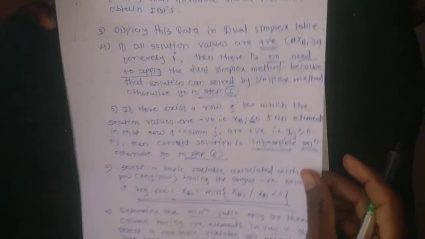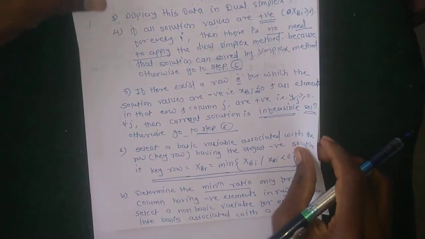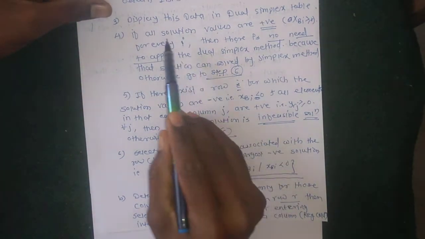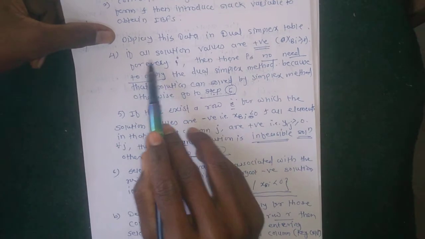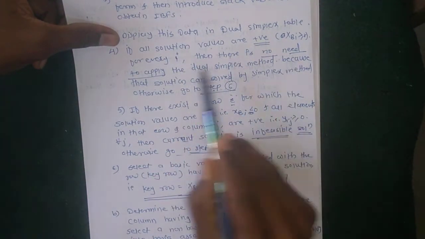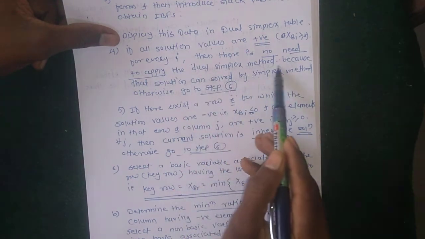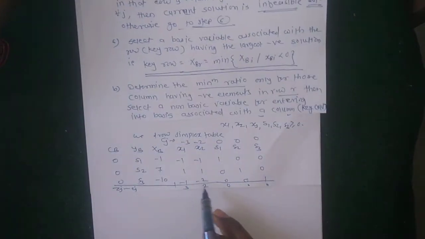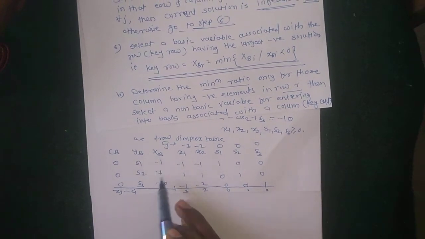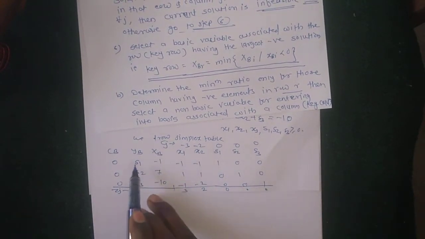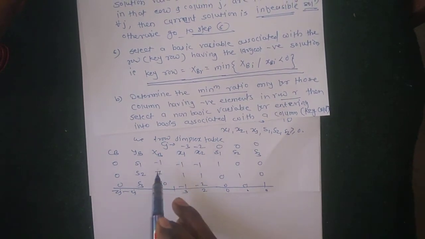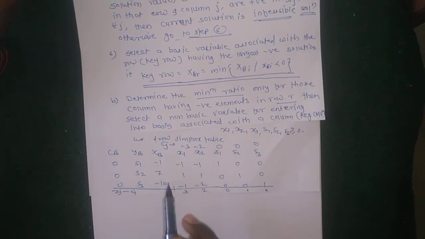Using the algorithm, if all solution values are positive for every i, then there is no need to apply the dual simplex method. Here all zj minus cj are greater equal 0, but in the XB column the values of the basic variables are not positive, they are negative.